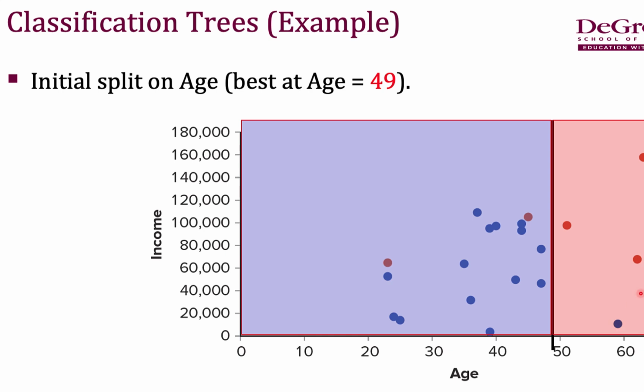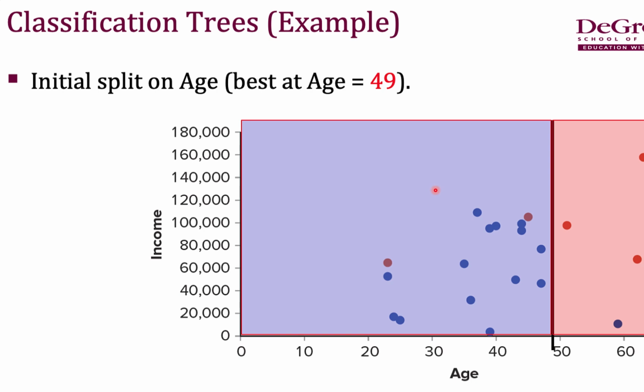So if I have to assign a label to this region, I will predict high sales because there are 70% of the data belonging to the red class, which is high sales. And same thing, to the left, it looks like a blue region. It looks like a low sales region.